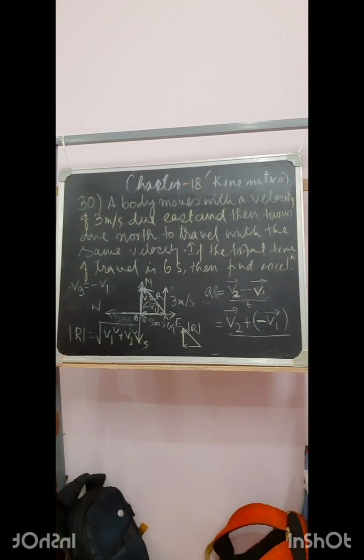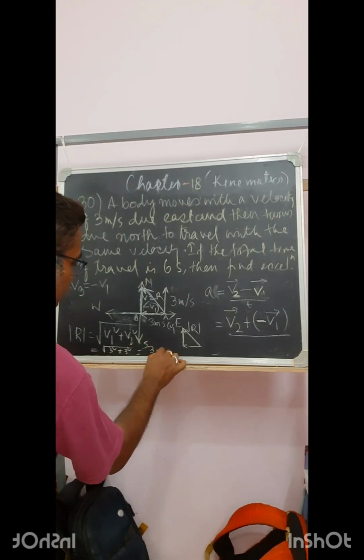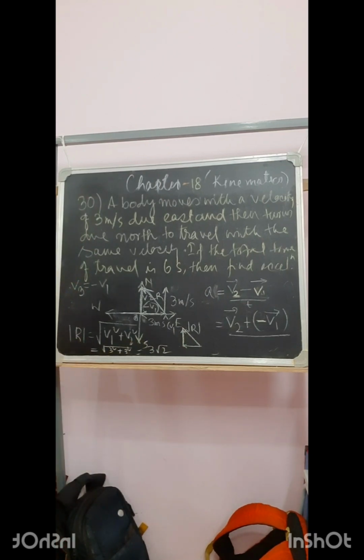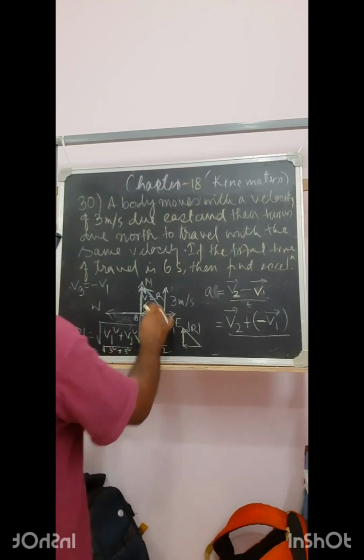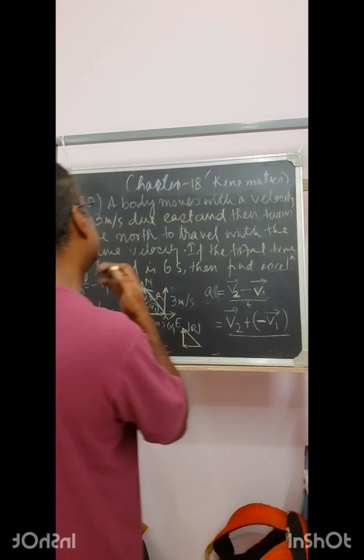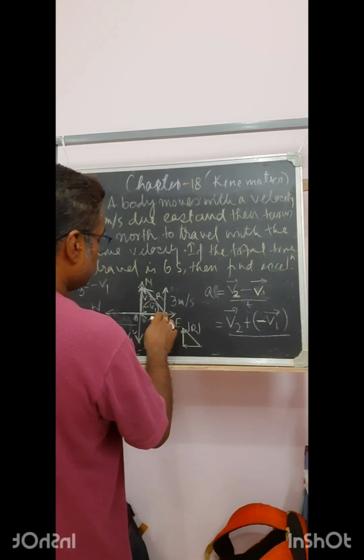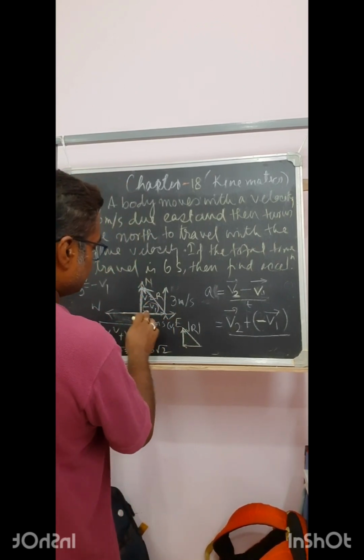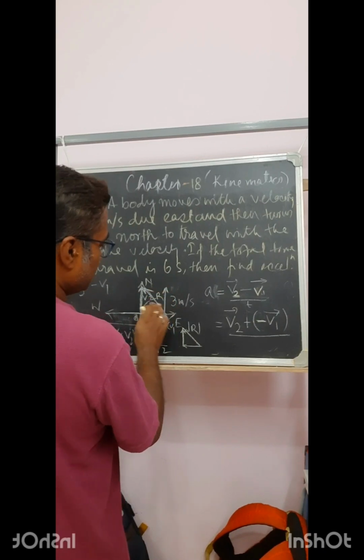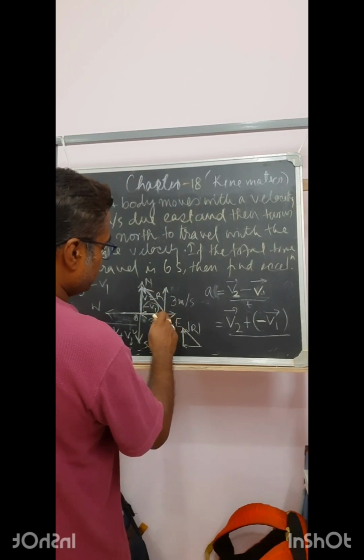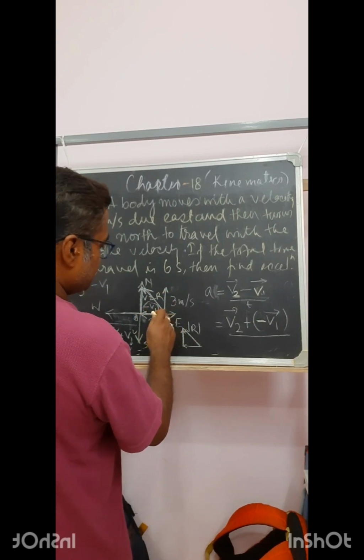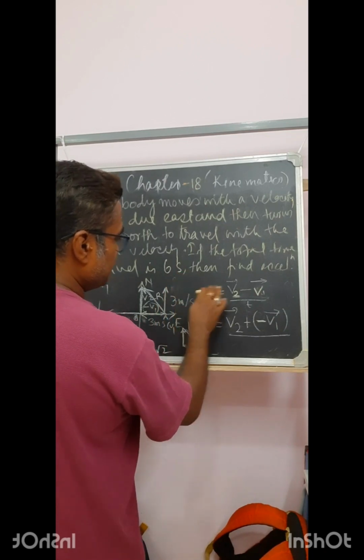Okay, so this is equal to under root of 3 square plus 3 square, that means 3 root 2. The velocity will be 3 root 2. The resultant is 3 root 2, and although it has moved from this direction to this direction, the total time will also be considered for the acceleration, because acceleration is nothing but the change in velocity.